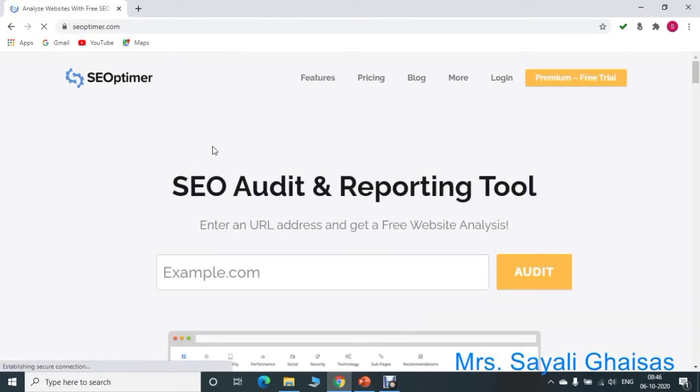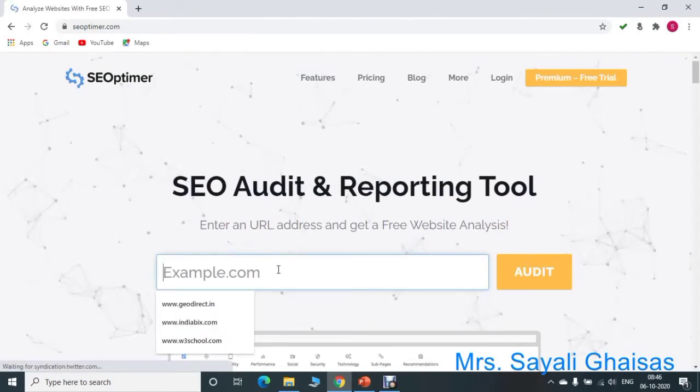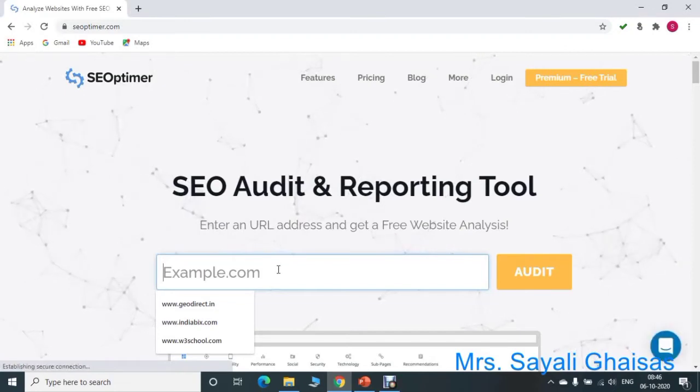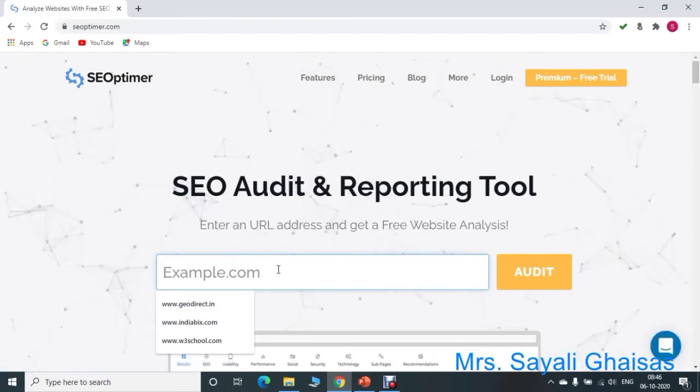Click on that link, and here is the interface of the SE Optimer software. Here you can type the address of the website of which you want to perform an SEO audit.